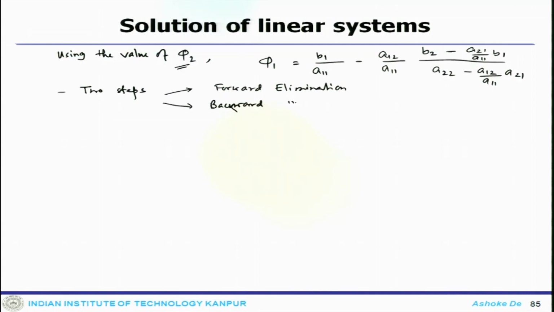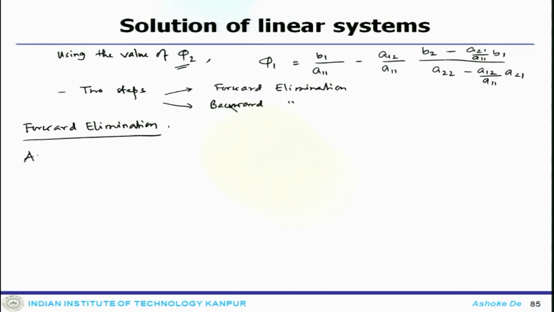Now, what do you do in forward elimination? If you look at a generic system, that will give you a clear idea. In the forward elimination process, the first row of A refers to the discretized equation for phi 1, and the second row corresponds to phi 2.